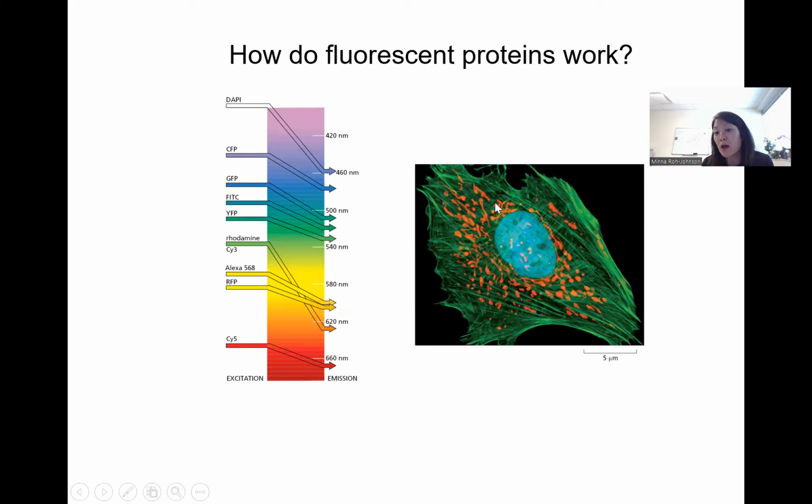And it's an example of using different excitation wavelengths. You can detect the green structures, and using a different excitation wavelength, you can detect the red structures. We have lots of different fluorescent proteins that span a large range of wavelengths of light, starting from DAPI, which is on the shorter wavelength, to Cy5, which is on the longer wavelengths of light, and a lot in between.